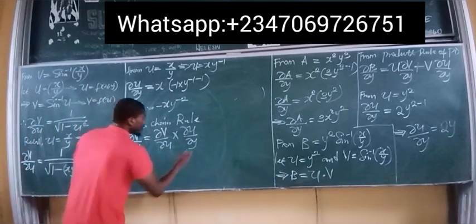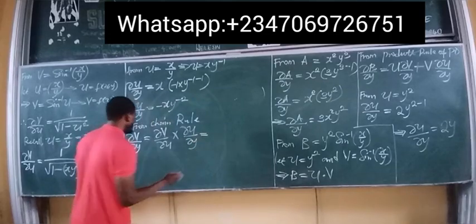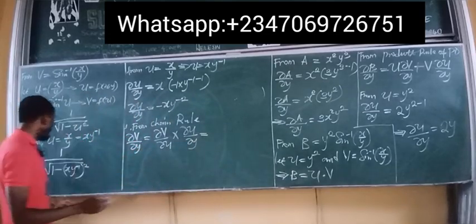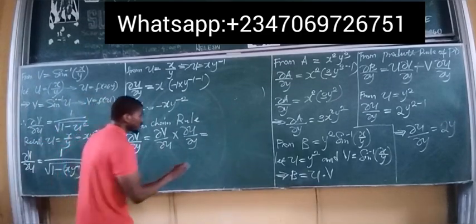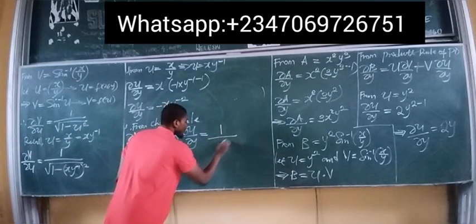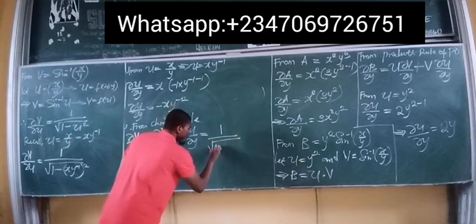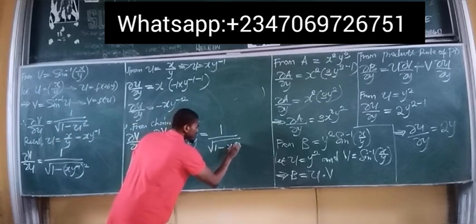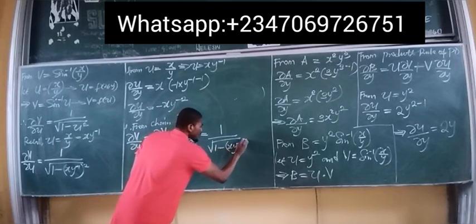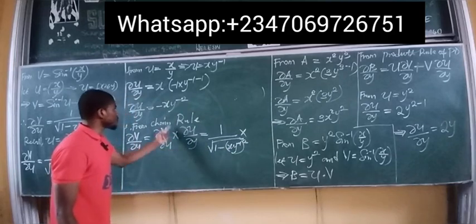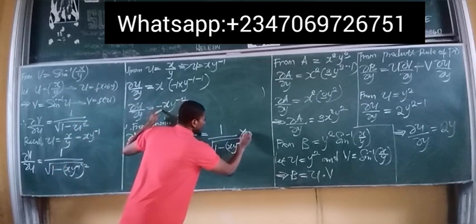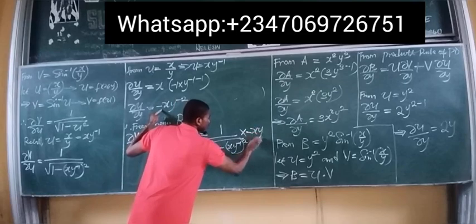This is now equal to partial v partial u, which we obtained as 1 all over the square root of 1 minus x y to the power of minus 1 all squared, multiplied by partial u partial y, which gave us minus x y to the power of minus 2.